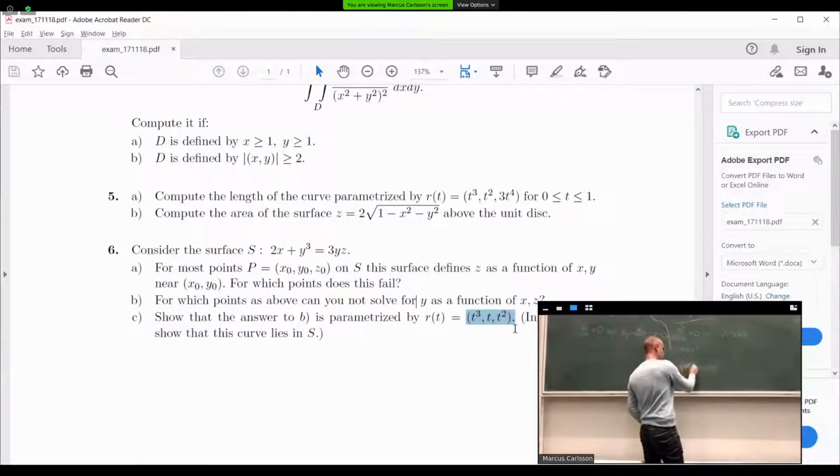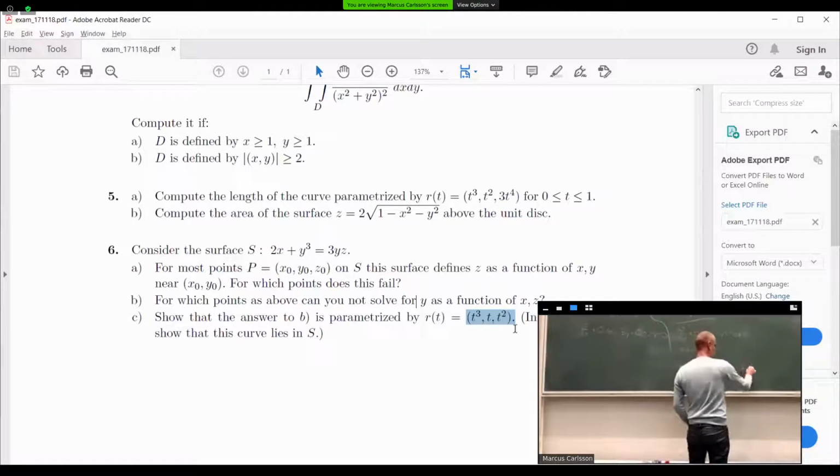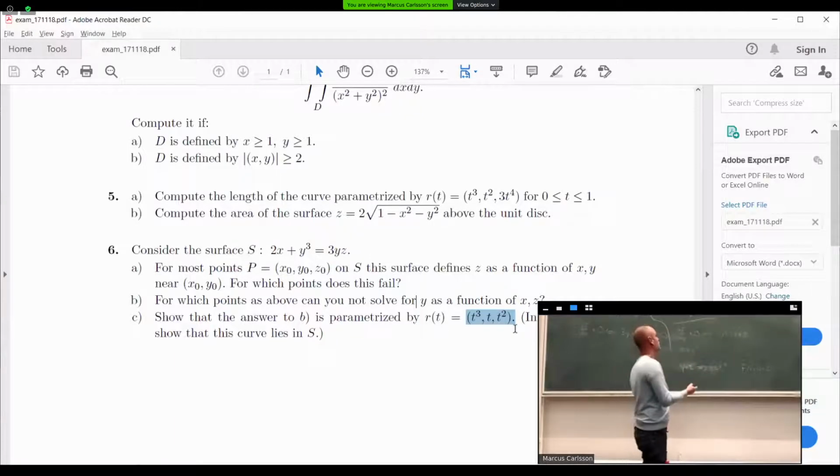I'm setting y to be equal to t, and then this equation here tells me that c is equal to t squared. And at the end of the day, we want f of x, y, c to be equal to 0, which gives me an equation for x that I can solve.